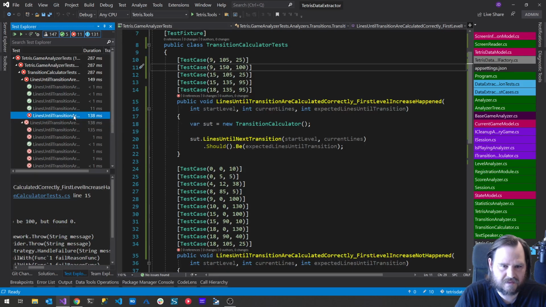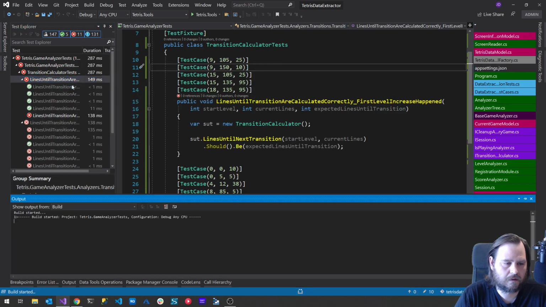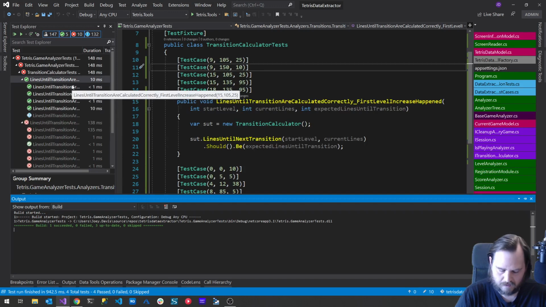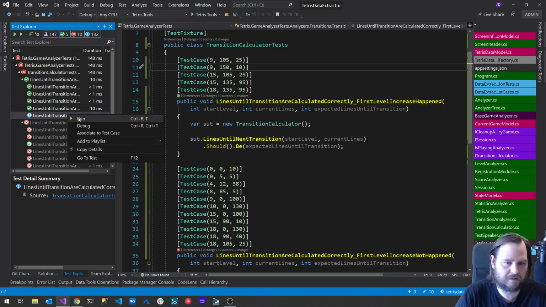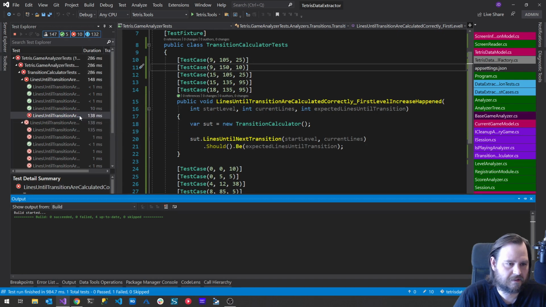What's this? Oh, I don't know why this doesn't run. Okay, it's still borked.